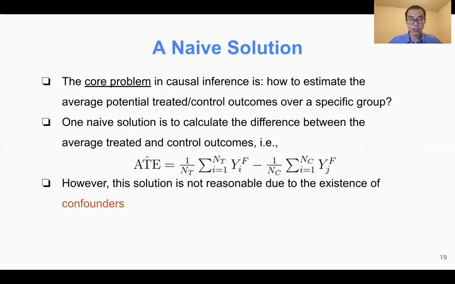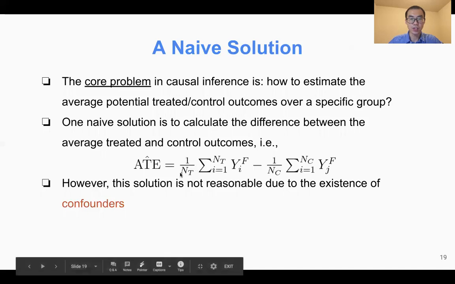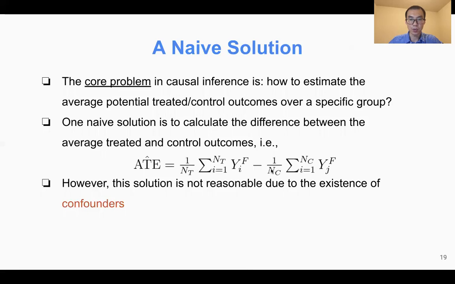Such as this equation, we can estimate the ATE by using the difference between the outcome in treated group and the control group. So NT here denotes the number of samples in the treated group. NC means the number of samples in the control group. YI and YJ denote the outcomes in each group.